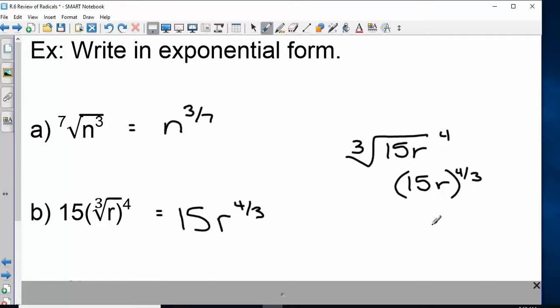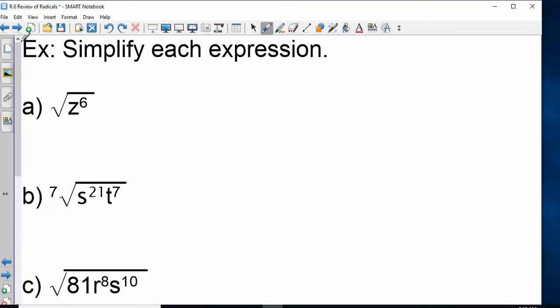You would need to put parentheses around it in that case, because the exponents touch what's directly in front of it. On B, I only want my exponent to touch the r, but on this example over here, I would want my exponent to touch both the 15 and the r. Do you see the difference between the two? Okay. Let's start simplifying some of these radicals.